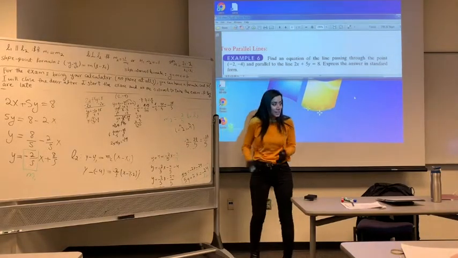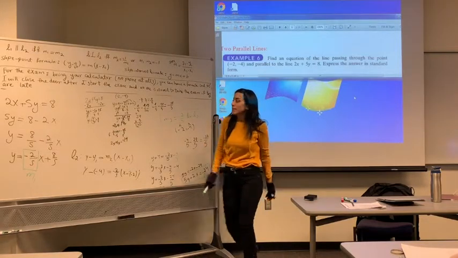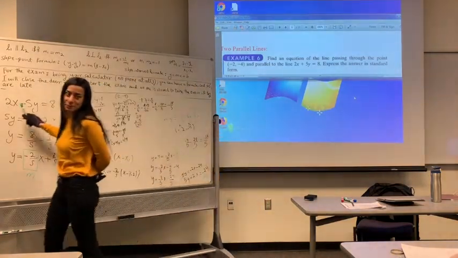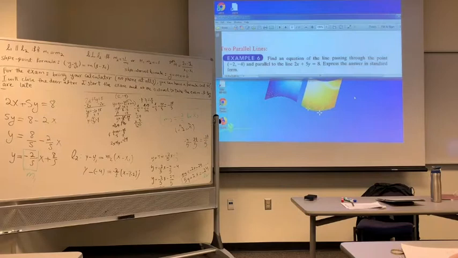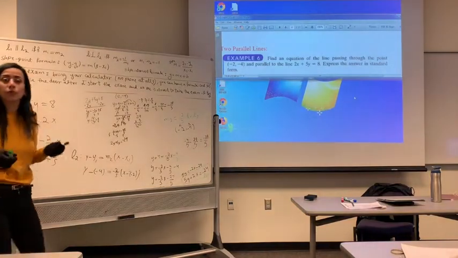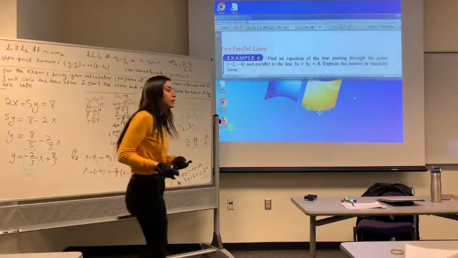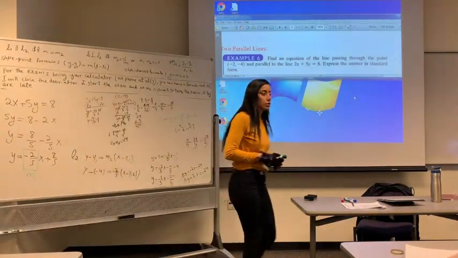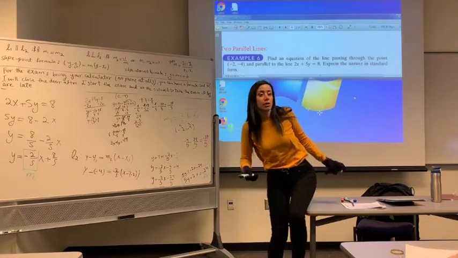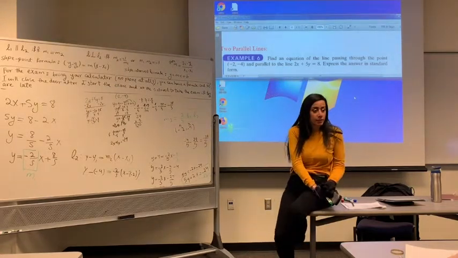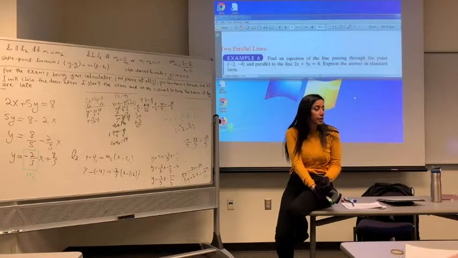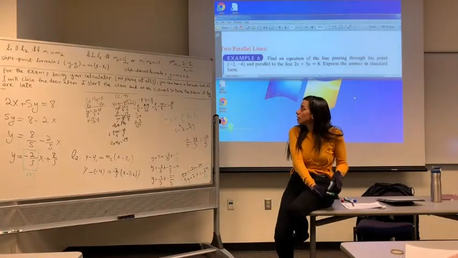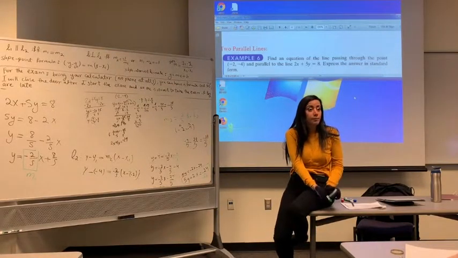So if this is the second line, and this was the first line, these two lines are now parallel to each other, correct? So all our aim was to find a line which is parallel to this first line. So what we did first of all, we organized the first line and made it into slope-intercept form.